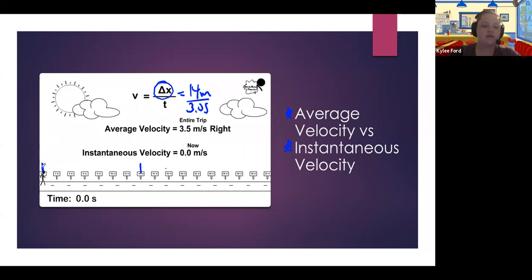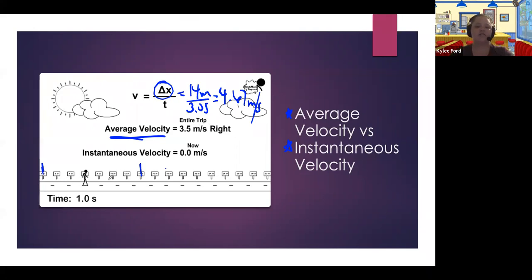So if I'm starting at 0 seconds at 0 meters, and get to 14 meters at 3 seconds, my velocity overall, I calculate as 4.67 meters per second. Maybe the animation gets cut off or something. It kind of looks like it does right there. So that would be my average velocity.